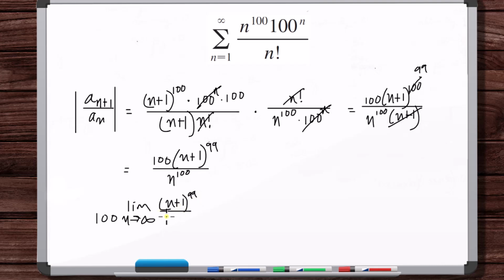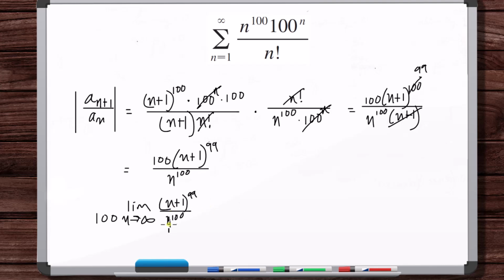Okay, yeah, we can evaluate this, and the way we do this is, what you can imagine is if we expanded this out, we would get some enormous polynomial that's of order 99. So with that, we would divide the numerator and denominator by n to the 100.